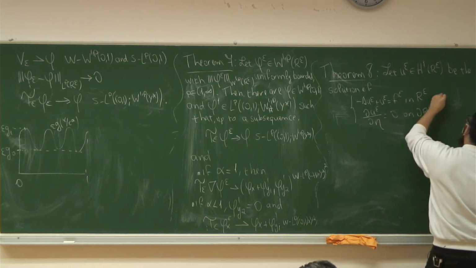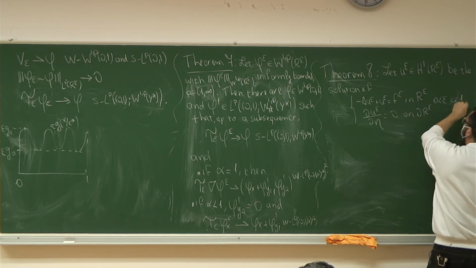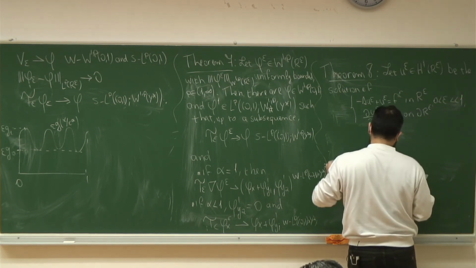Here epsilon is positive and alpha is more than or equal to 1.